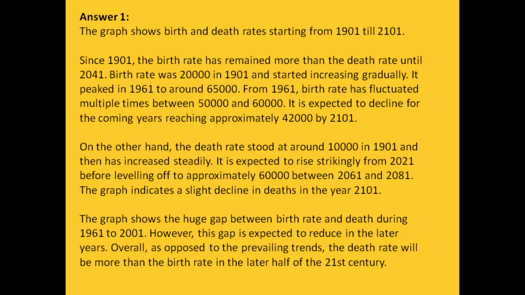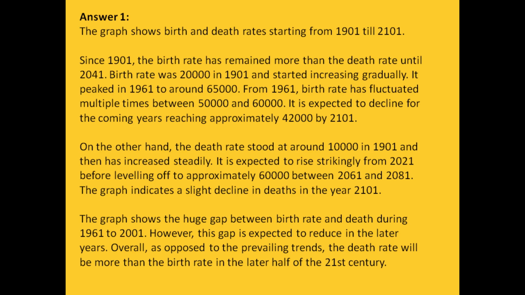Birth rate was 20,000 in 1901 and started increasing gradually. It peaked in 1961 to about 65,000. From 1961, birth rate has fluctuated multiple times between 50,000 to 60,000. It is expected to decline for the coming years, reaching approximately 42,000 by 2101.